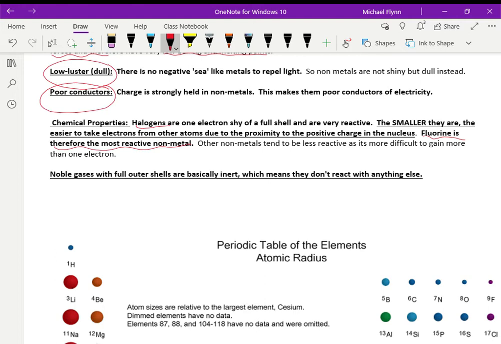Carbon, which has 4 valence electrons, is basically in the middle of the row on the periodic table. It's hard for it to gain 4, and it's hard for it to lose 4, so it tends to be unreactive. But carbon does form bonds and forms many useful compounds that we find in nature, especially in living things.